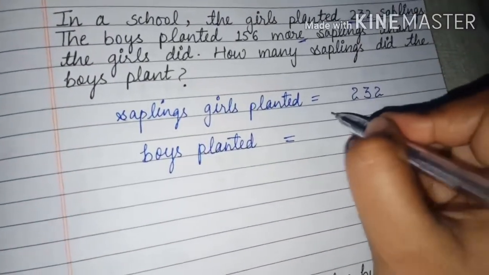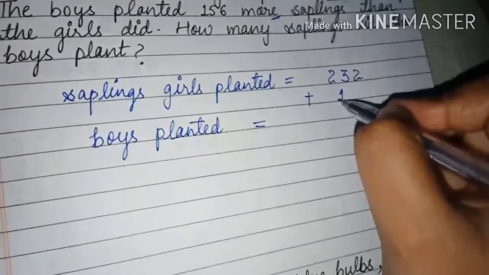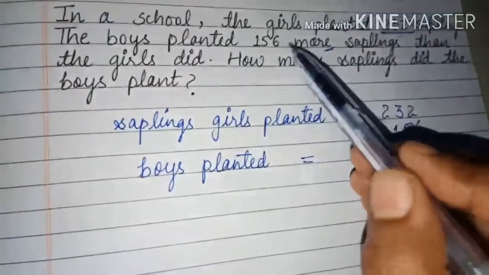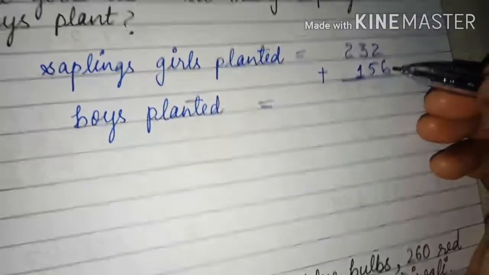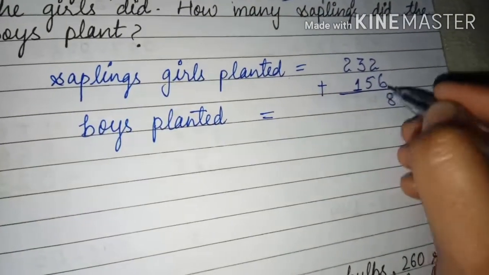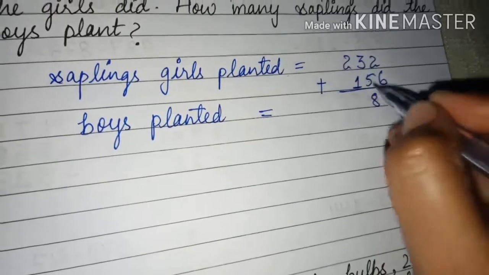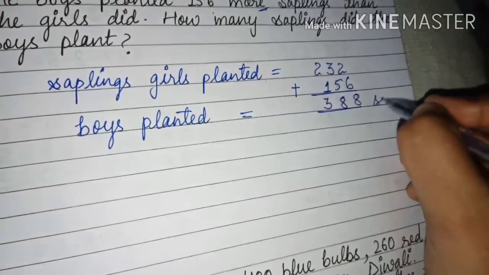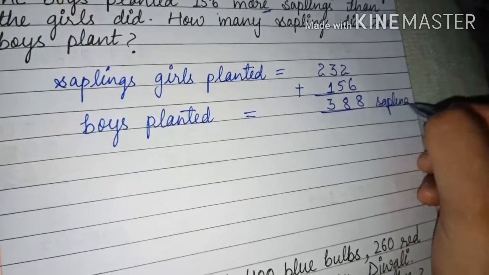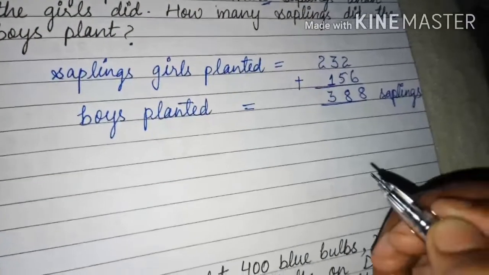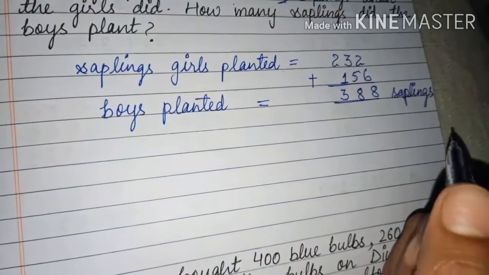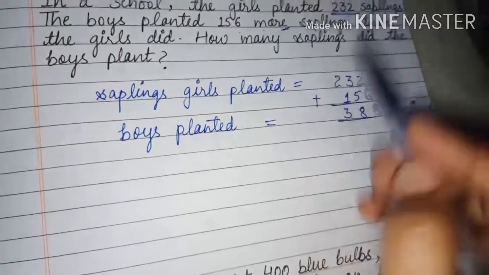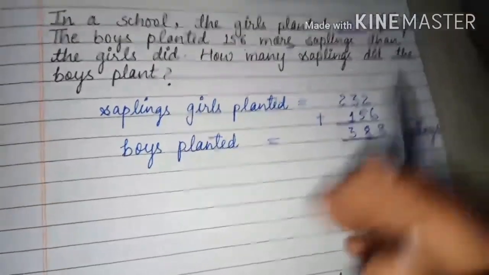I have to add 156 to the number. Why so? Because it is given in our question. So if I add 6 plus 2, 8, 5 plus 3, 8, 2 plus 1, 3. So boys planted itna saplings, 388 saplings. Okay, so this is your word sums, right? If you are having more in any sum, you have to simply add in that question.